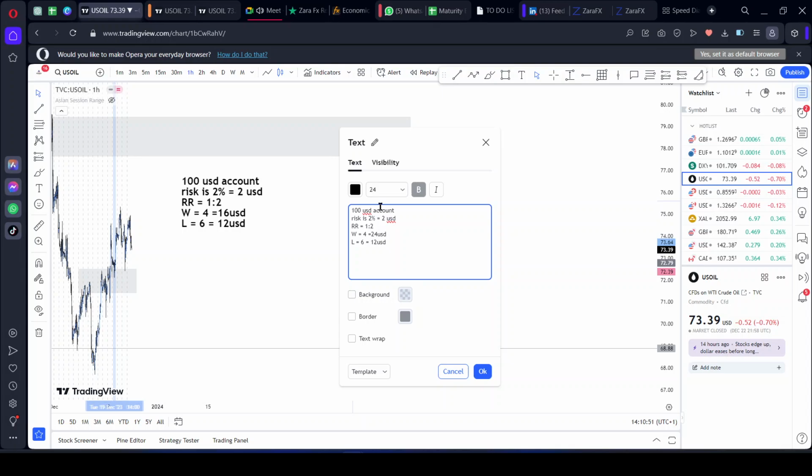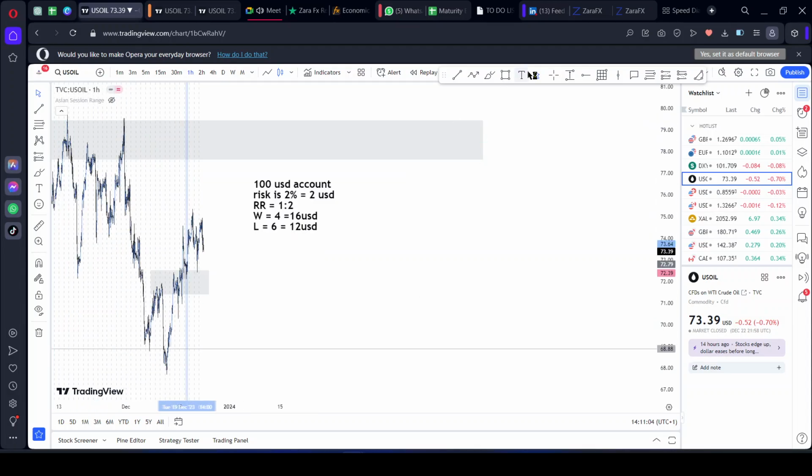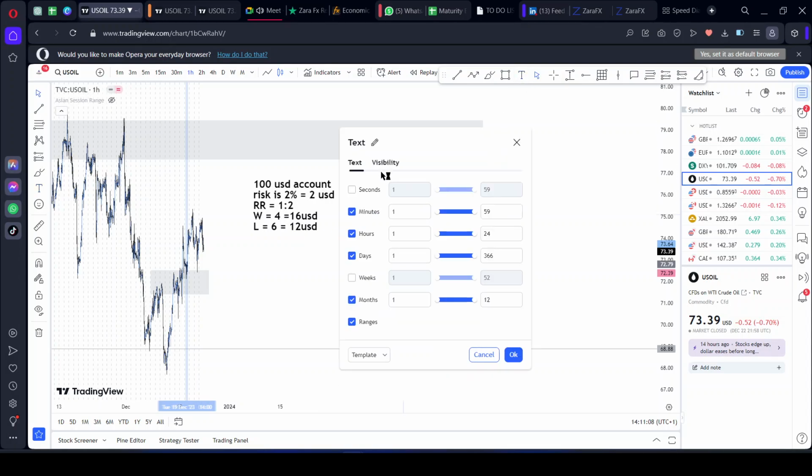Okay, 24, 12, 1 ratio 3. I don't know where it's going. Why is it disappearing? I really don't know.